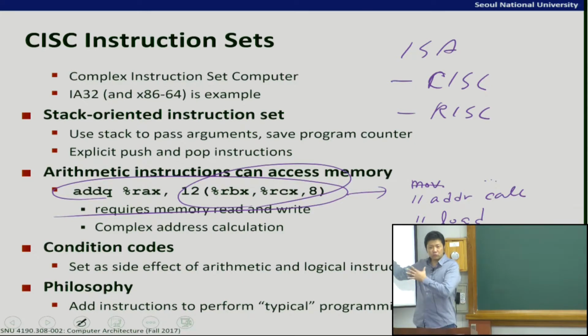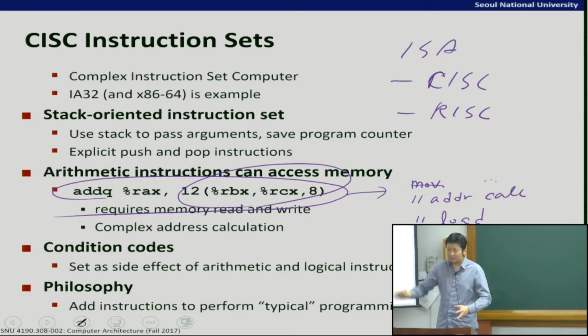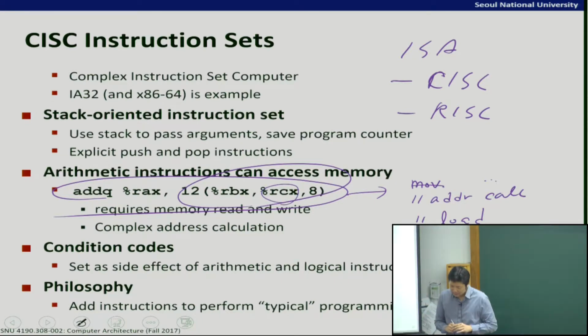If you do the same thing in a RISC architecture, because RISC does not support this kind of very complex addressing mode, it has to first calculate the address using multiple instructions. Basically, you first scale the value of this register by 8, and then add the value to this register. This address calculation is done by this part.